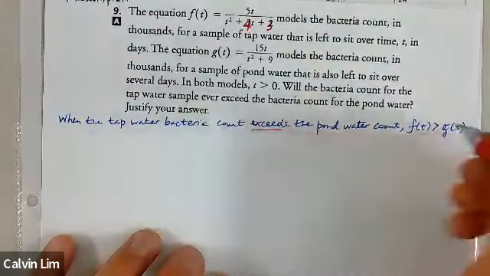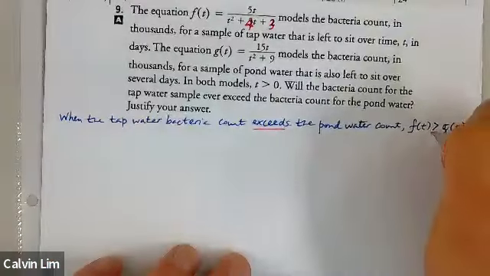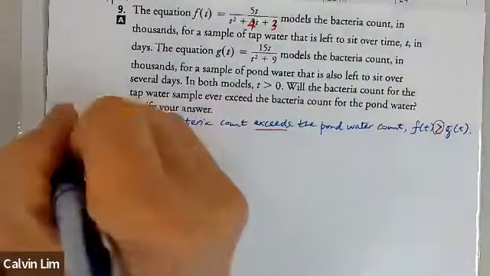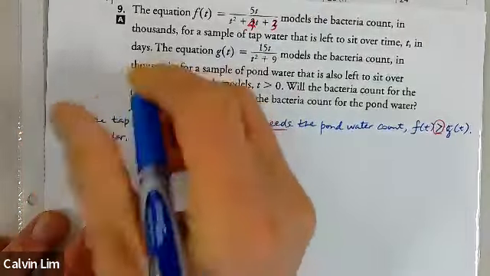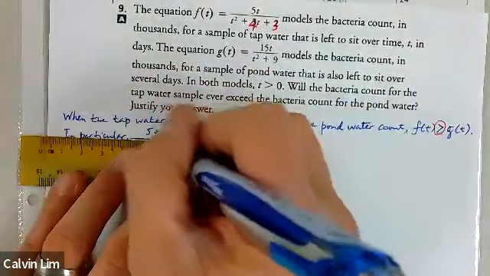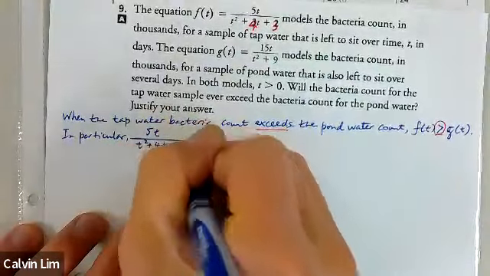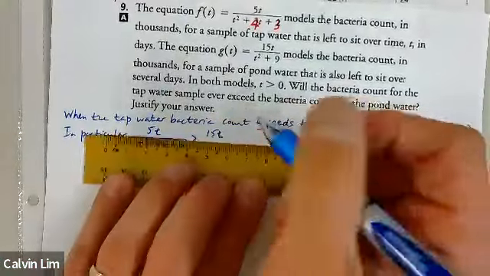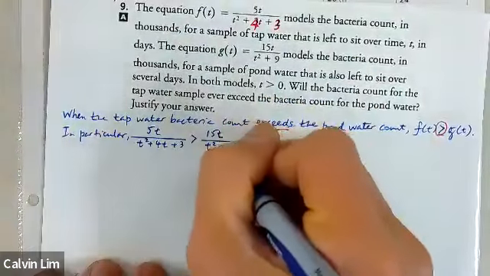I will circle it. So in particular, 5 over t squared plus 4t plus 3 is greater than 15t over t squared plus 9.